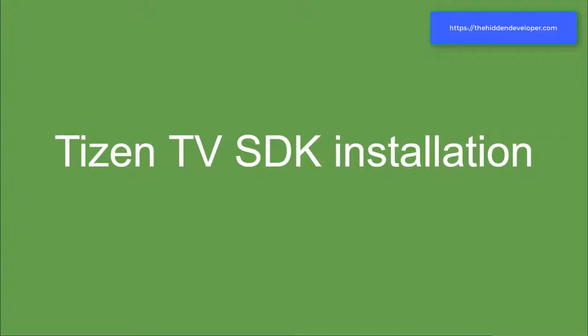We will be actually downloading the tools and setting them up on our machine. The Tizen TV SDK is a kit which has a number of tools, for example the Tizen IDE, a TV simulator, a TV emulator, and a web inspector for inspecting the code.